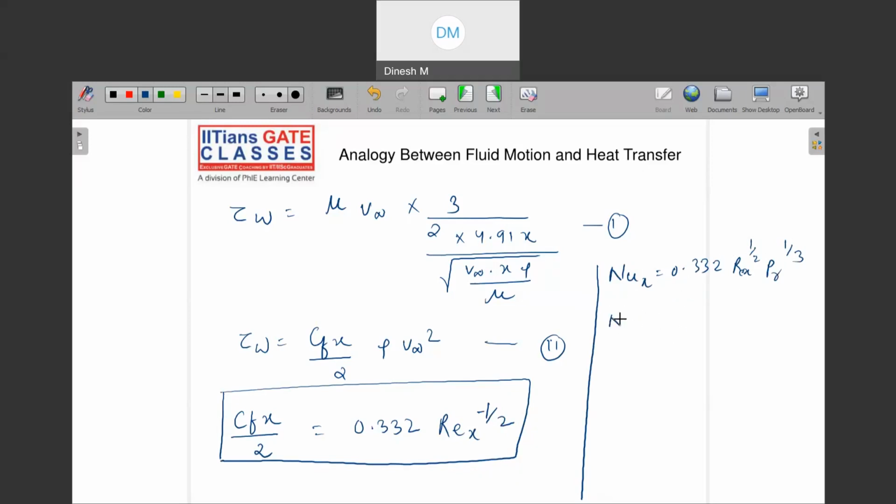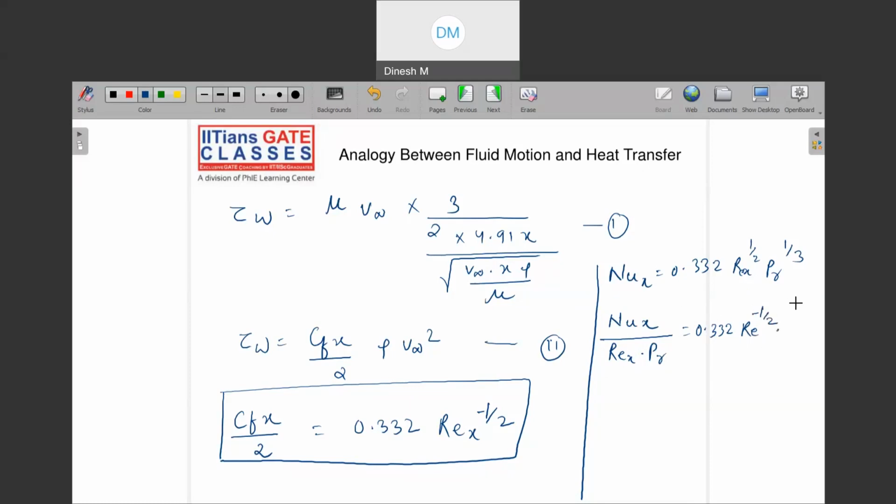So now what do I do? I divide Nusselt number by Reynolds into Prandtl on both the sides. Can I do that? Reynolds number into Prandtl number I am dividing on both the sides, then this is 0.332 and this has become Reynolds number to the power minus 1 by 2, yes or no?